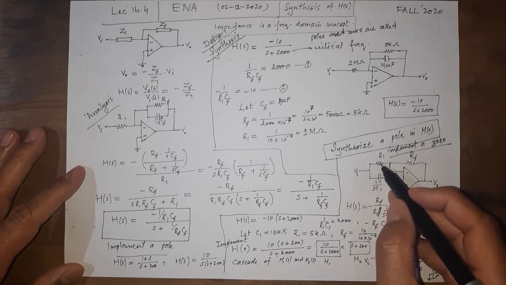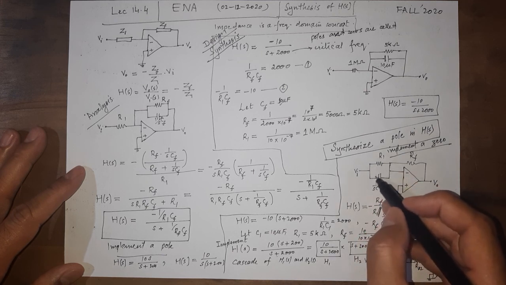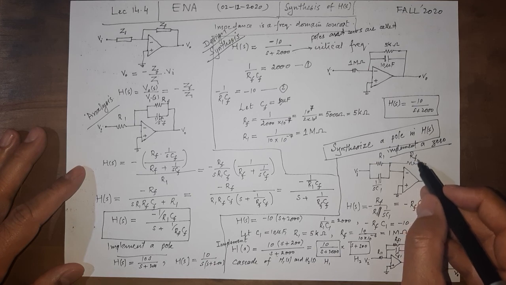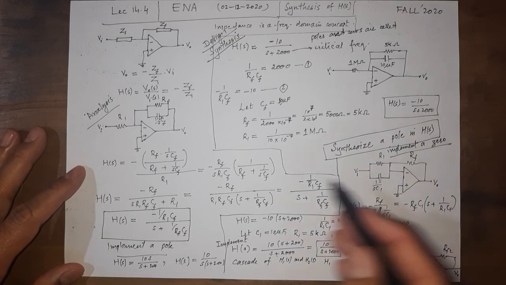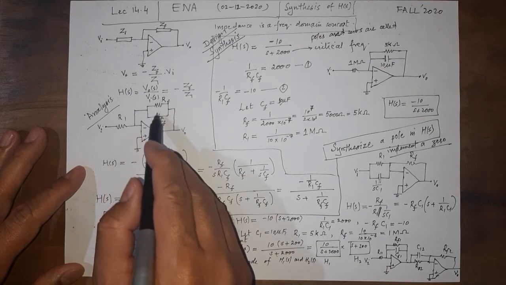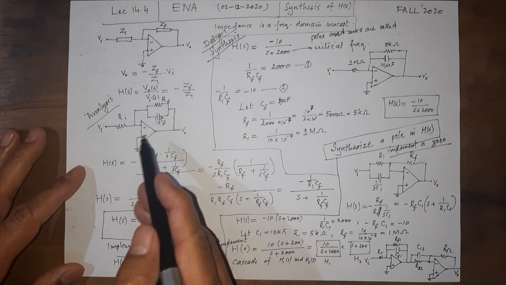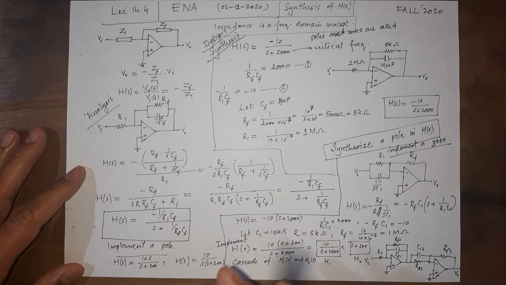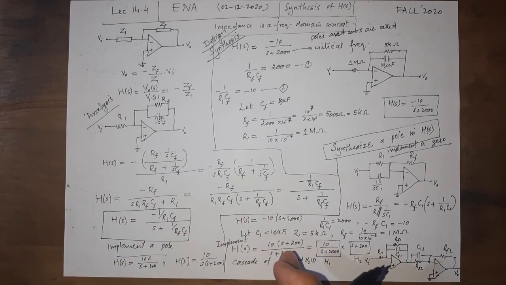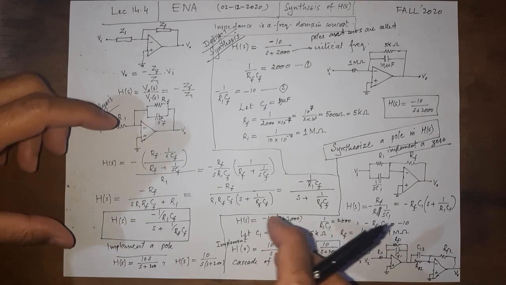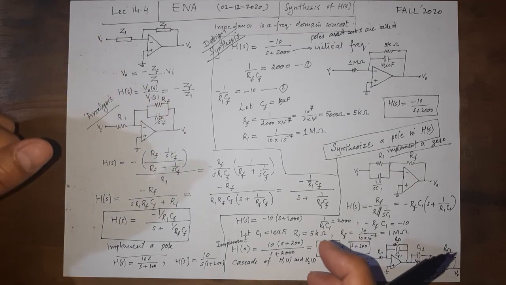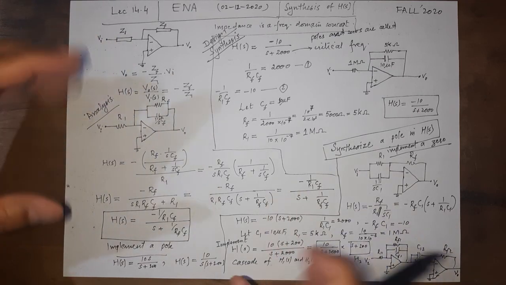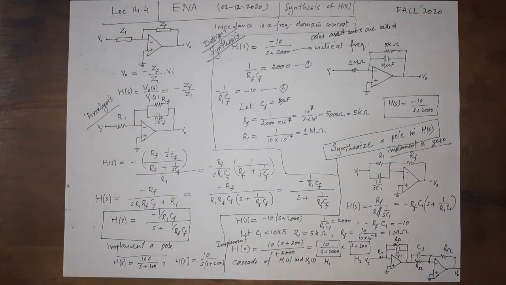Instead of a parallel RC, we just have a capacitor here and an RF here. That is going to implement a zero at origin. And if we have a capacitor in the feedback path, that is a pole at origin. You can check this on your own, and if you check that and understand that, you should know that now, knowing this, we can implement any H of S that we need to implement.